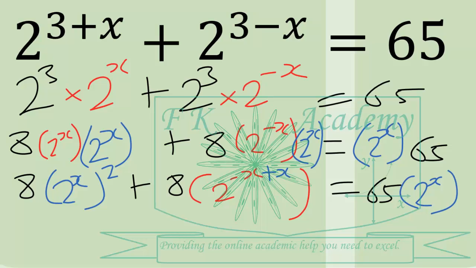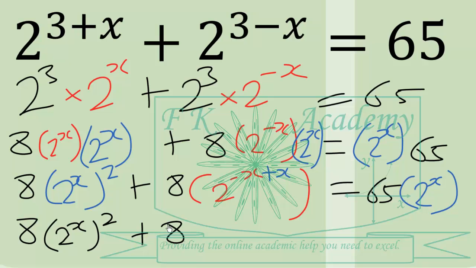So we can simplify this further to obtain 8 times (2^x) all squared, plus 8 times 2^0, which is 1. So 8 times 1 is 8, is equal to 65 times 2^x.